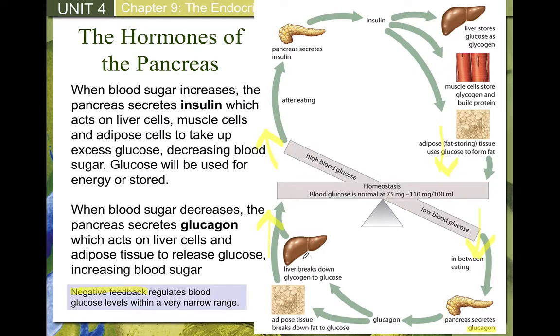It causes the liver to break down any stored glycogen back into glucose and release it into the bloodstream. It causes adipose tissue to break fat down back into glucose and release it into the bloodstream. That's going to bring blood sugar back up and return our bodies to homeostasis. And so constantly, we're fluctuating around this set point throughout our day.